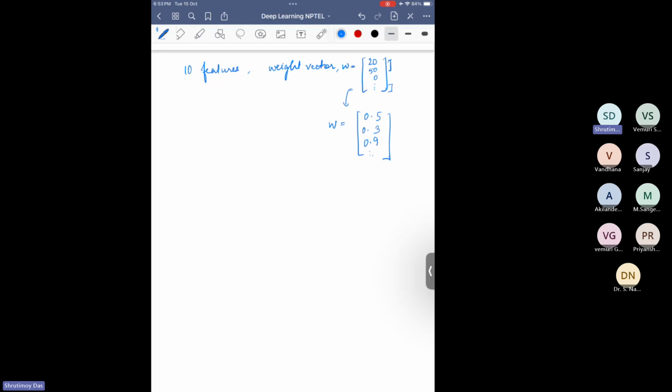I don't want it to memorize the training data. I want to make it more general. For test data, even if the first two features are not high, you should perform well even for the test data. So the technique for doing this is called regularization. It is a technique for preventing overfitting.